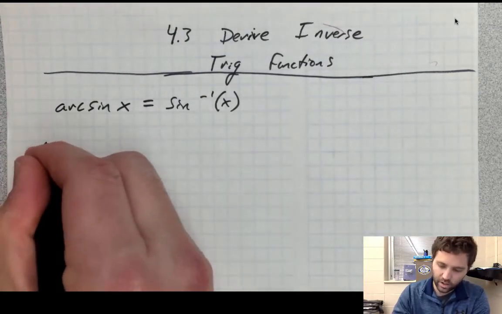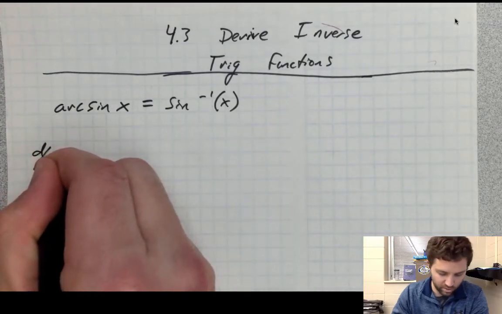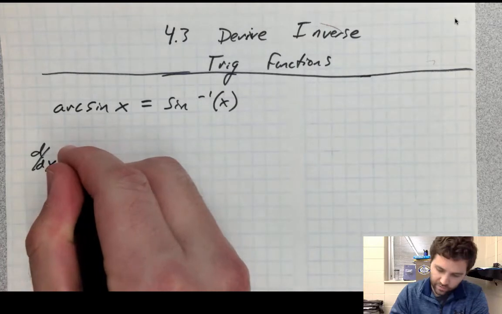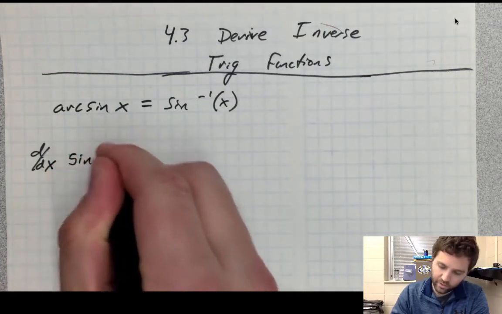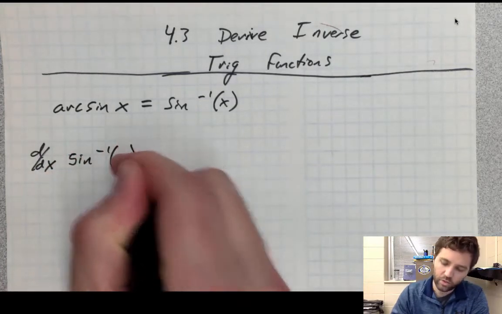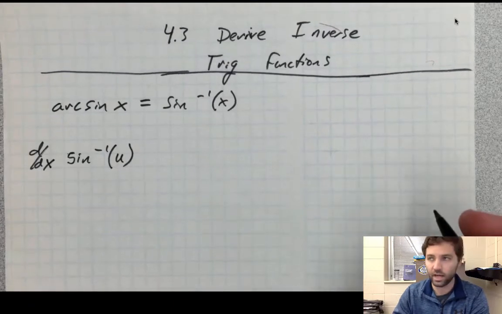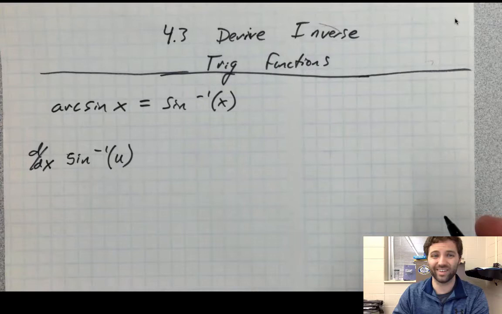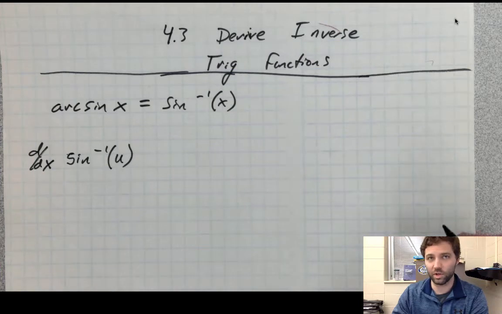So let's start. The derivative with respect to x of inverse sine of u, where u is some function in terms of x. I'm going to do that because once you have the derivative of inverse sine of x, it's just not a question that's going to come up that often because it just is what it is.